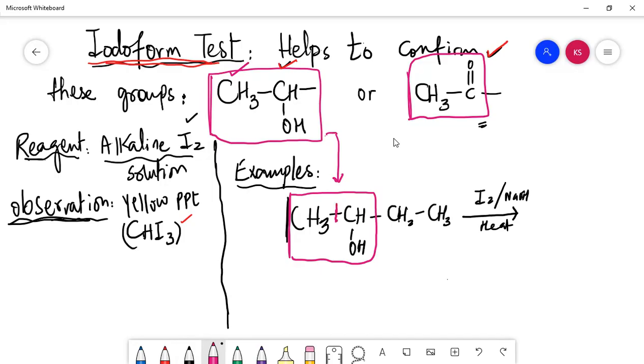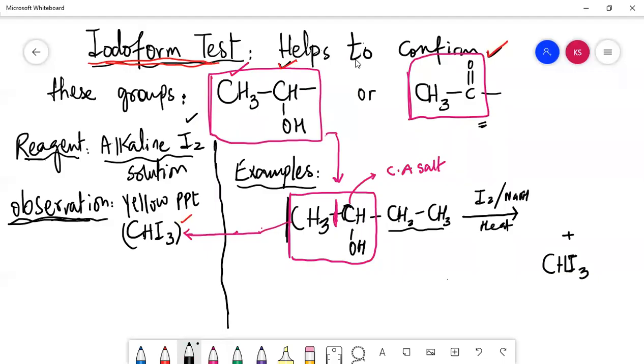So this bond will break, the CH3 will turn into iodoform, ये बन जाएगा CHI3, and this carbon will turn into carboxylic acid salt. Like ये bond आपने break कर दिया, ये वाला CH3 को you turn it into CHI3, which is the organic byproduct, and this carbon here that turns to carboxylic acid salt.